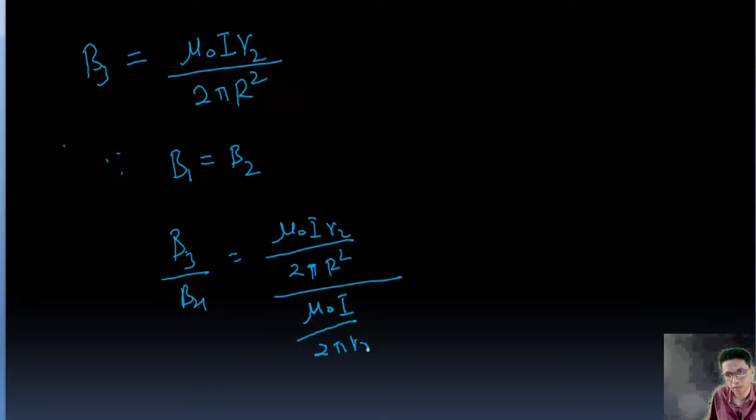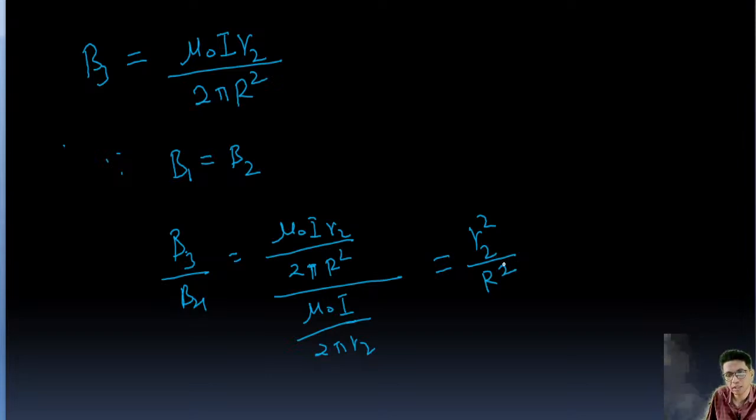So if we solve it, everything will get cancelled and we are going to get r2 square upon r1 square. Oh, my apologies, it's r square, r2 square upon r square.